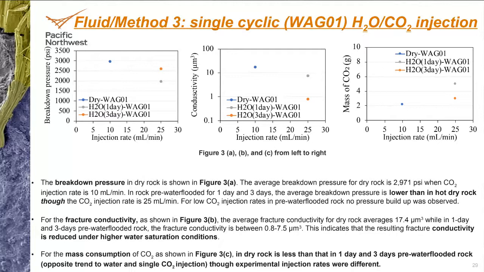The conductivities are higher for hot dry rock as compared to water saturated rock, particularly water saturated rock for 3 days. And the mass of CO2 is similar to what we observe when we use only CO2: the amount of CO2 that we require to fracture is higher for a water saturated rock.